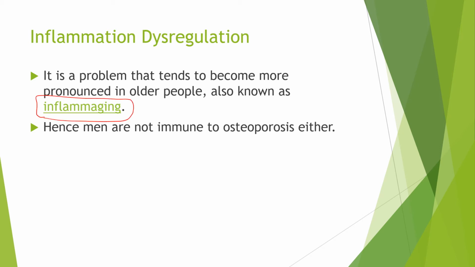So it's not just women who will face the problem of osteoporosis, but men are also not immune to osteoporosis. It's just dependent on how well we can regulate our inflammatory signaling mechanisms as we grow older.